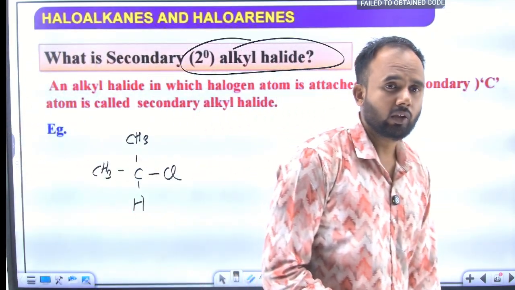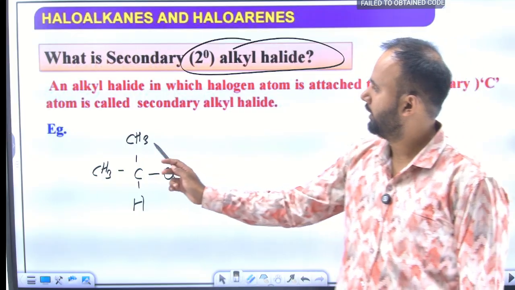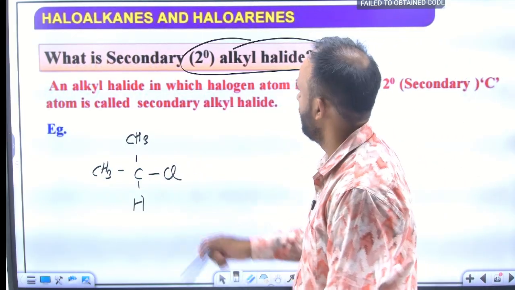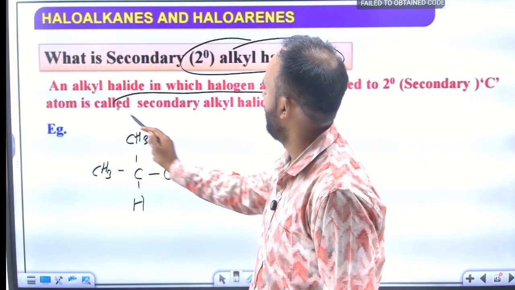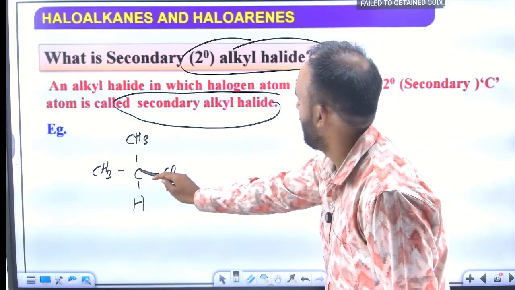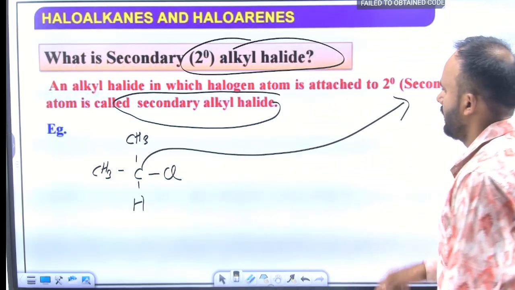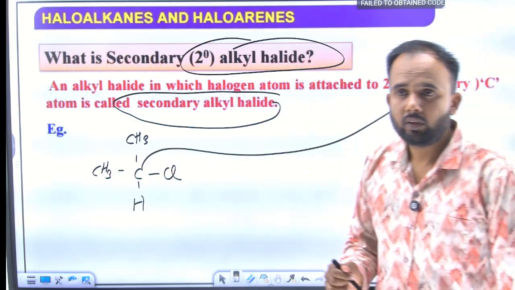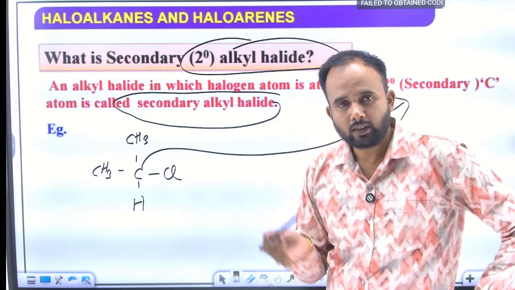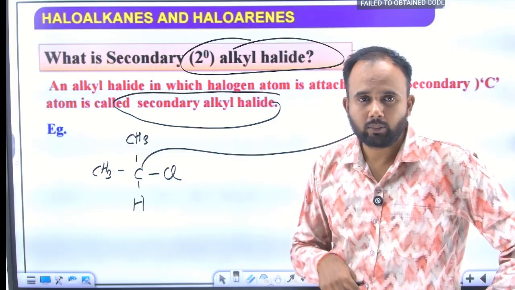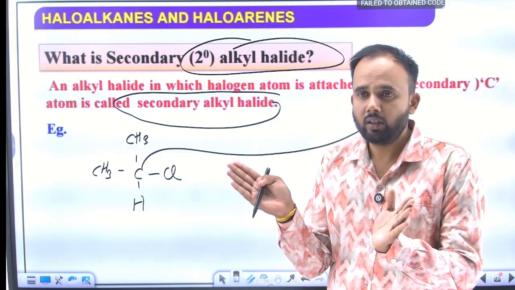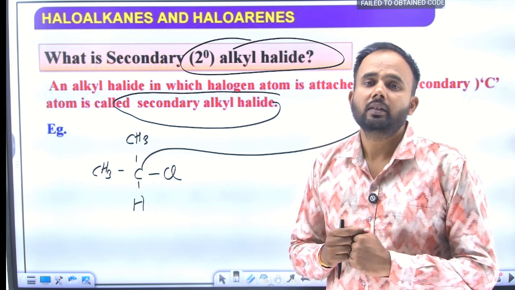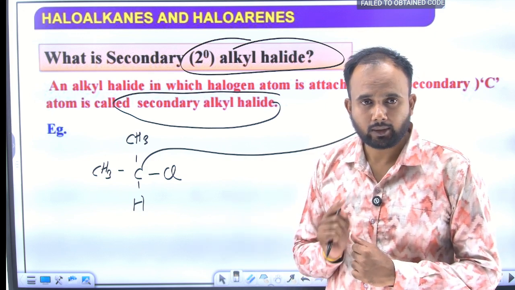Two alkyl groups are attached. Here is CH3, here is also CH3, and this carbon is known as secondary carbon. If any carbon is attached to two more carbons, we can say it is a secondary carbon. Okay, clear?